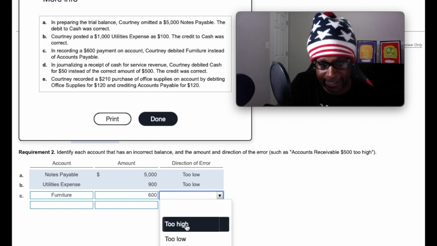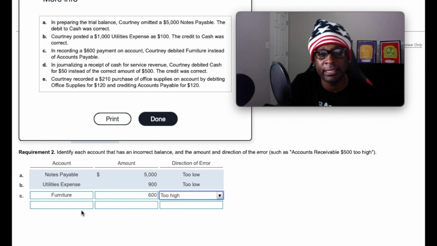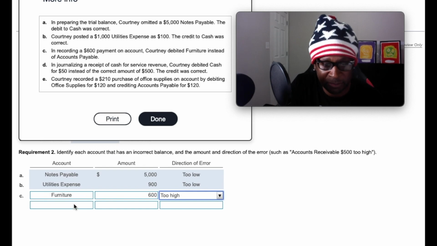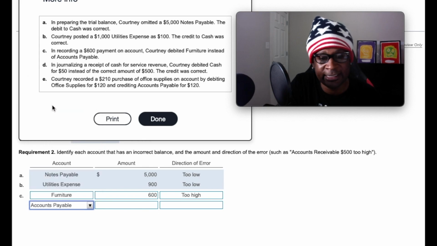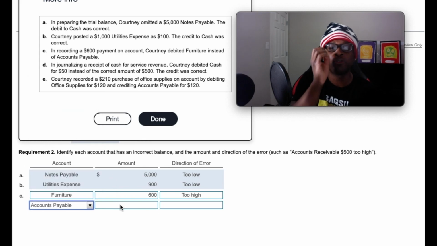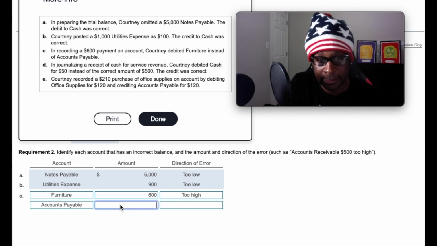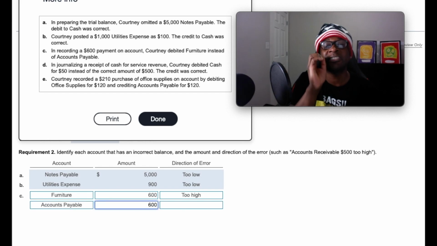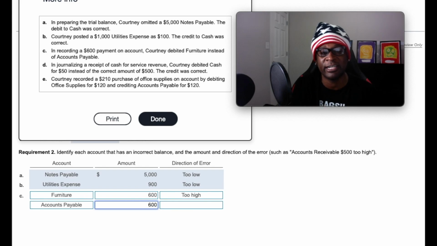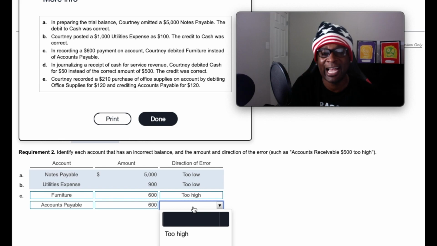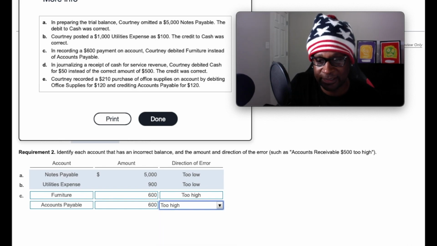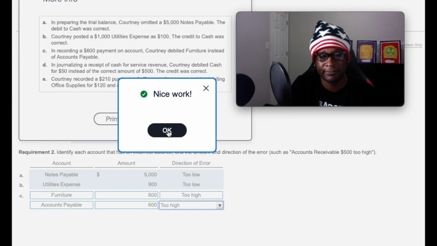So, too high. Now, what about the other account? She was supposed to debit accounts payable. Accounts payable is a liability, gang. Anytime you debit accounts payable, you are decreasing it. And the amount that she was supposed to decrease it by was $600. But since she failed to decrease it by $600, we know on the trial balance the current amount is higher than what it should be. Check the answer. Bags all day.